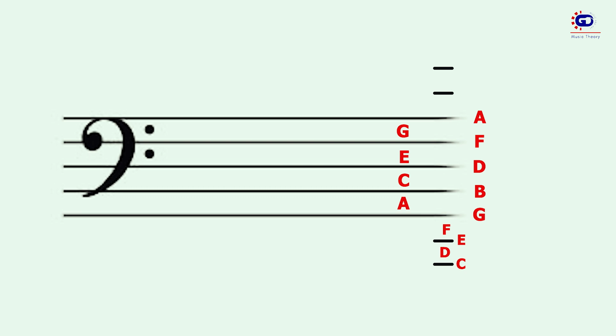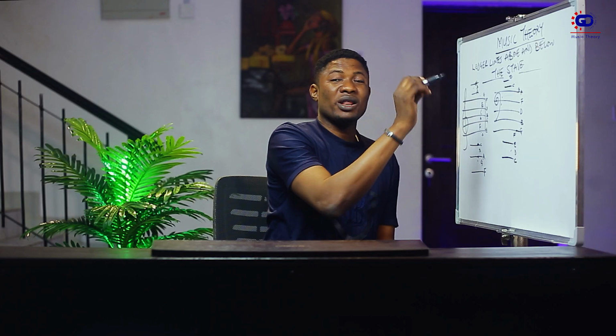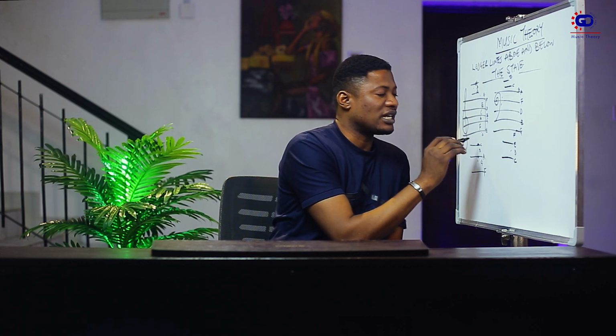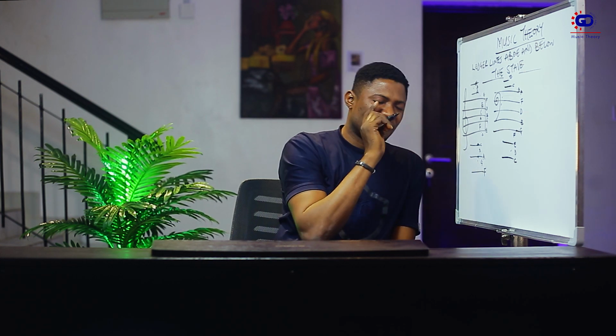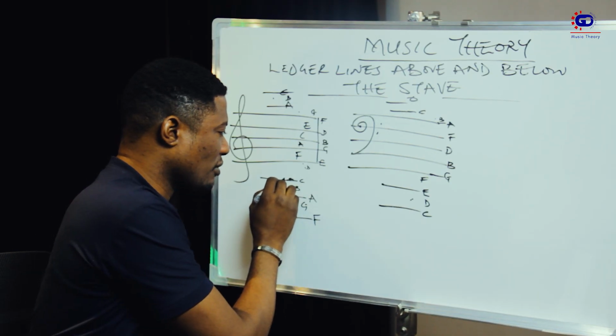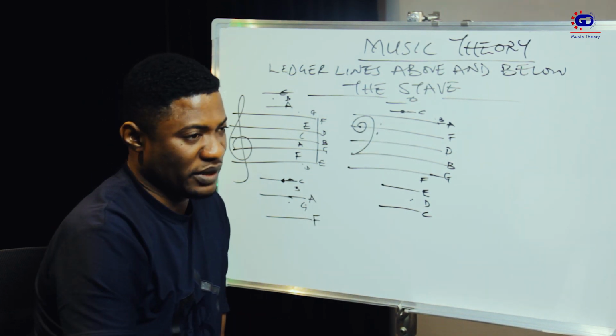So the same applies to your bass clef. A is the top line of the bass clef. The space above it will be your B. The first ledger line is your middle C. You remember in one of our videos we established that middle C is special; not all ledger lines are middle C. I've seen people say the ledger lines are C. No. The first ledger line below the treble clef is your middle C, and it's the same as the first ledger line above the bass clef.